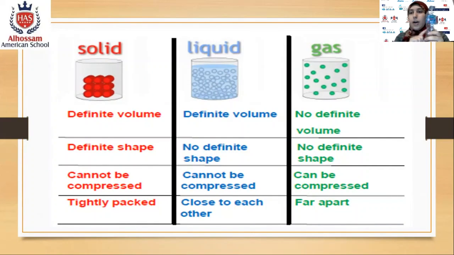This is an empty bottle. It contains air, which is considered as gas. If I try to compress it, it will be compressed. So yes, the gas can be compressed. And we said that the particles of the gas are far apart from each other.